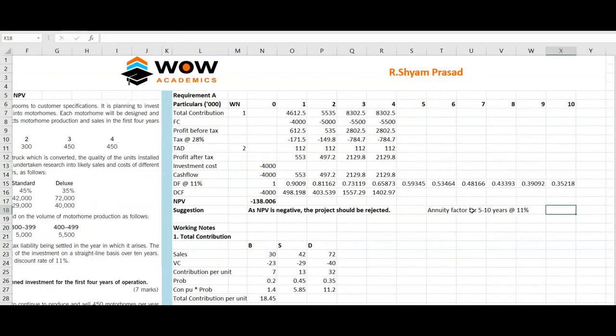So how do we get that value? We just add them from here to the end. So we got the number 2.786.